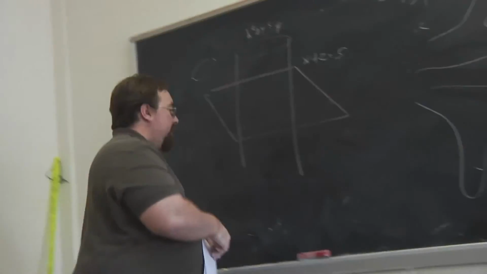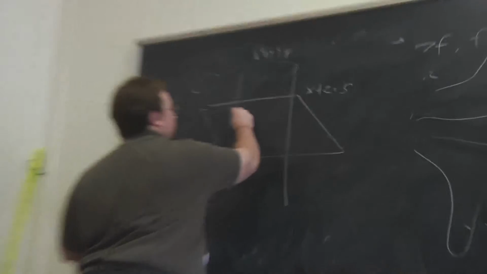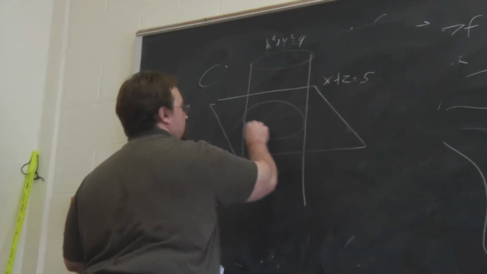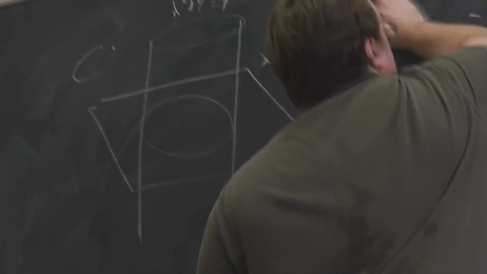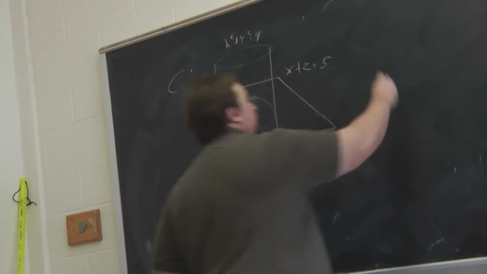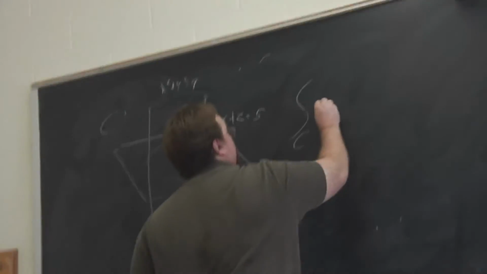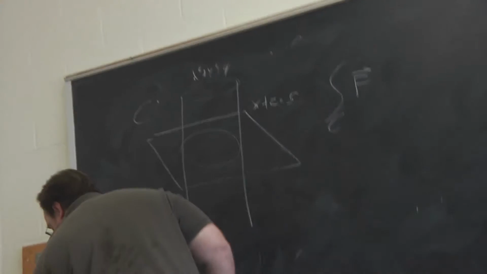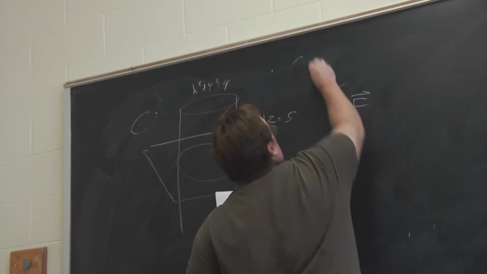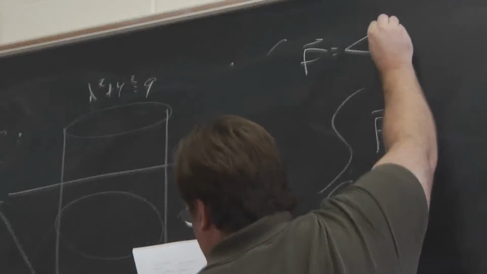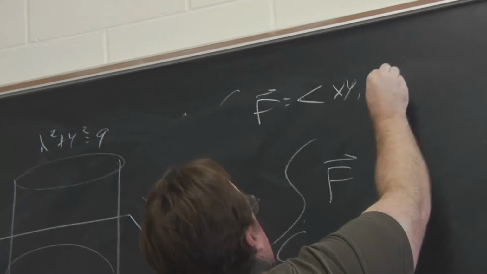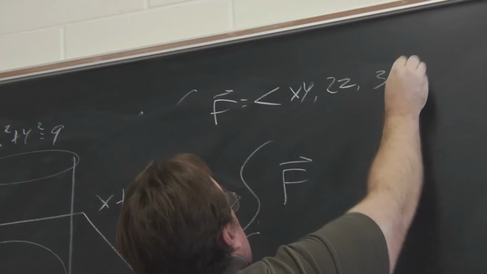So we're going to have this ellipse-type object that marks the intersection of a cylinder with the plane. And we want to compute the line integral of this vector field, where F is xy, 2z, 3y.